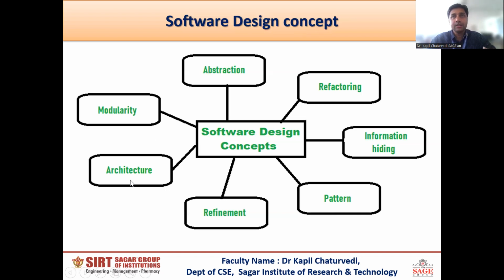Architecture, it means your whole software should be in a well-mannered architecture. If we have to arrange the whole software, we have to understand the whole software, and we can easily understand it by drawing a proper architectural view.